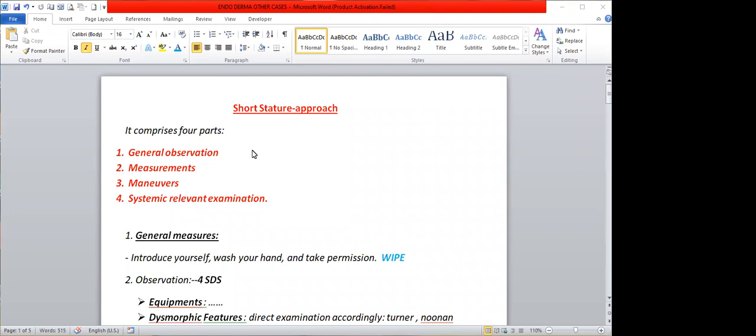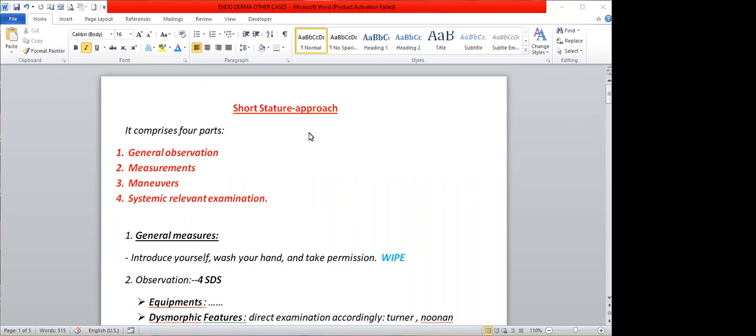As usual in every station we need to comment on this, but clinically, in most short stature cases there may be findings of pubertal delay, or maybe precocious puberty. And definitely the short stature will be there. Sometimes they ask to plot the height and weight and tell the finding, and after that the examination. So these are the parts.